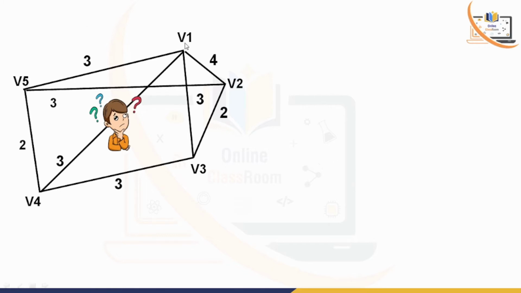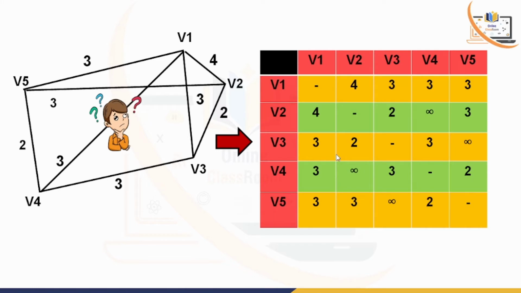Look, here V1, V2, V3, V4 and V5, 5 vertices are present. So the order of the matrix will be 5 cross 5 and we have to specify the elements. Look, if I focus on V1, V1 is not connected with V1 because there is no self loop.